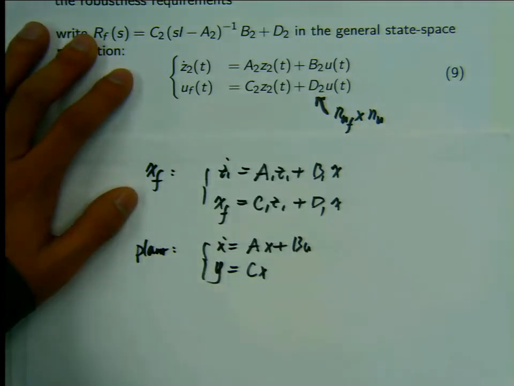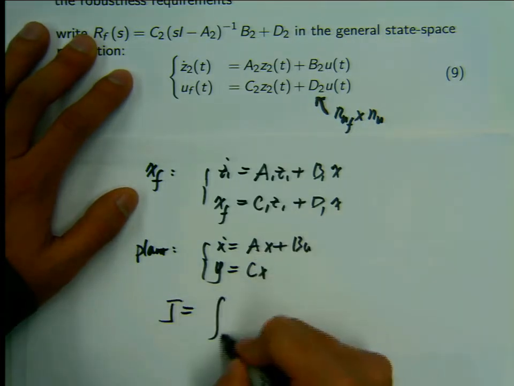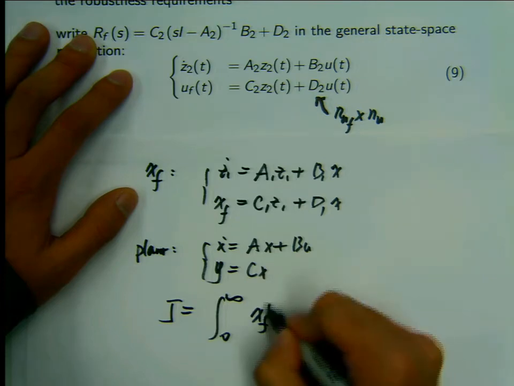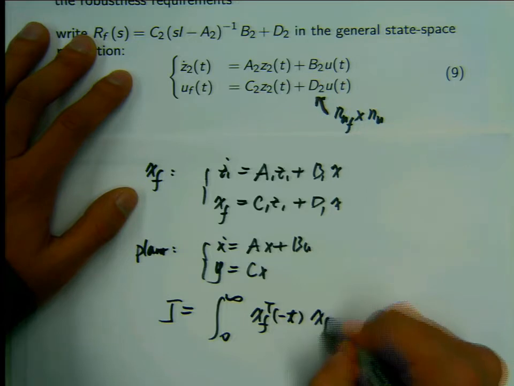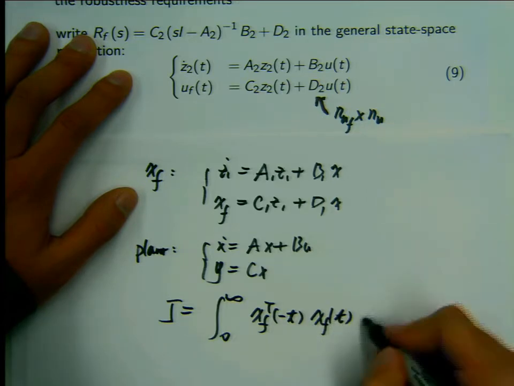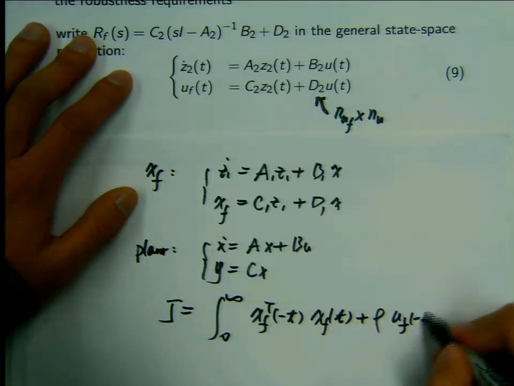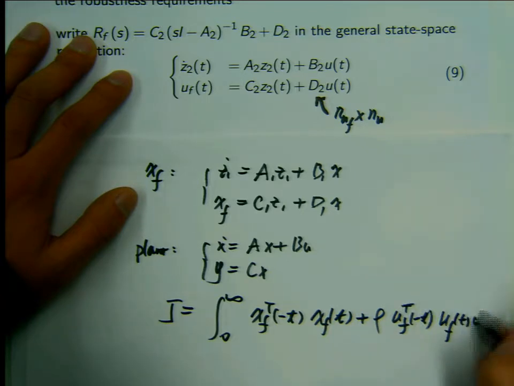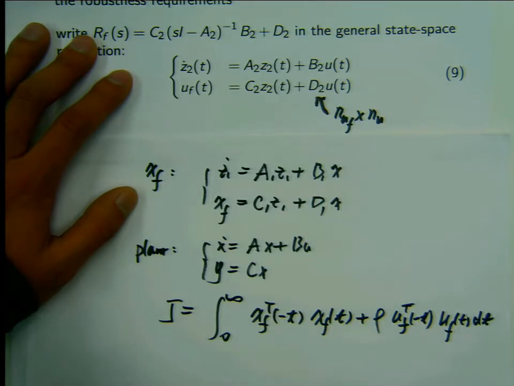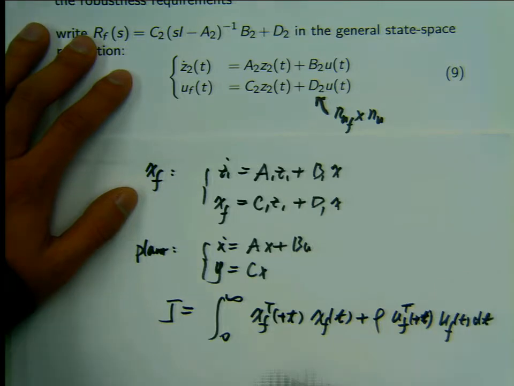So tell me, what should I do now to solve this, J equal to the integration from 0 to infinity of XF transpose XF plus rho UF transpose UF? What should I do to be able to solve this new LQ problem?